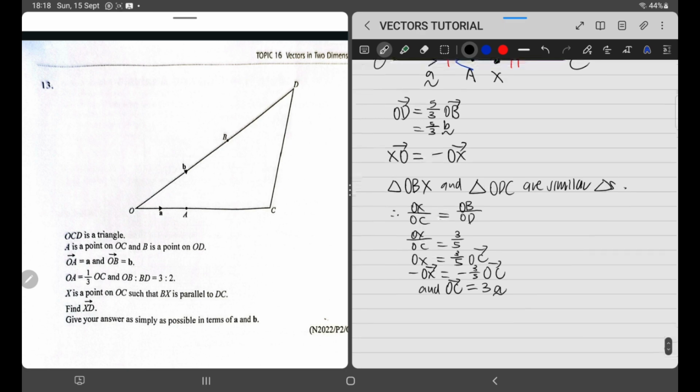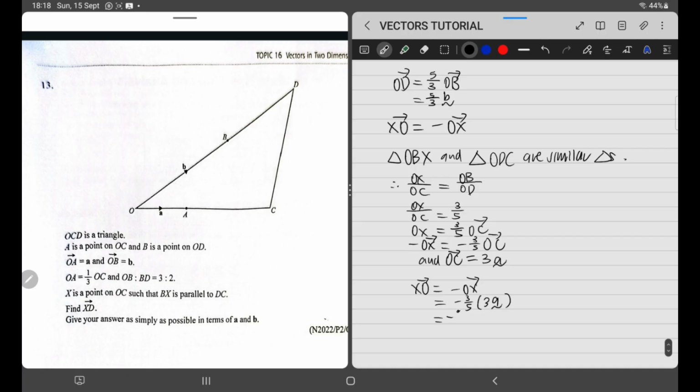So as a result, you get XO equals negative OX, which is negative 3 over 5 times 3A. So you get negative 9 over 5 A. Hence, XD is just negative 9 over 5 A plus 5 over 3 B. And that is your answer over there.